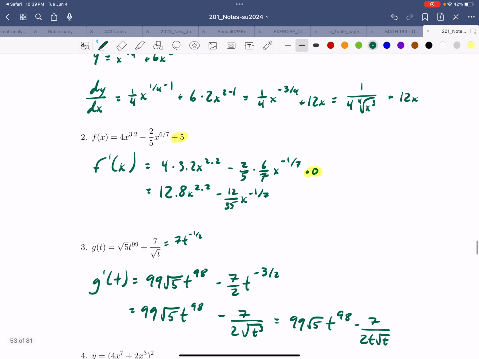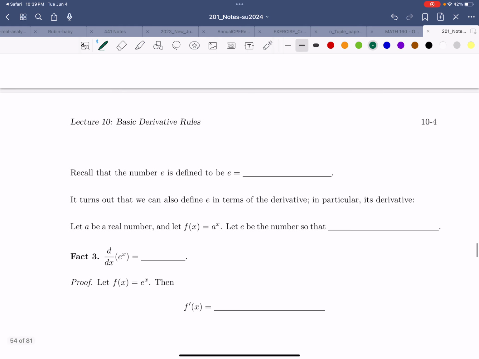All right, now we're going to shift gears from polynomials to exponential functions. Remember that number e? I said it was really important. Well, we defined it to be the limit as x approaches infinity of 1 plus 1 over x to the x.